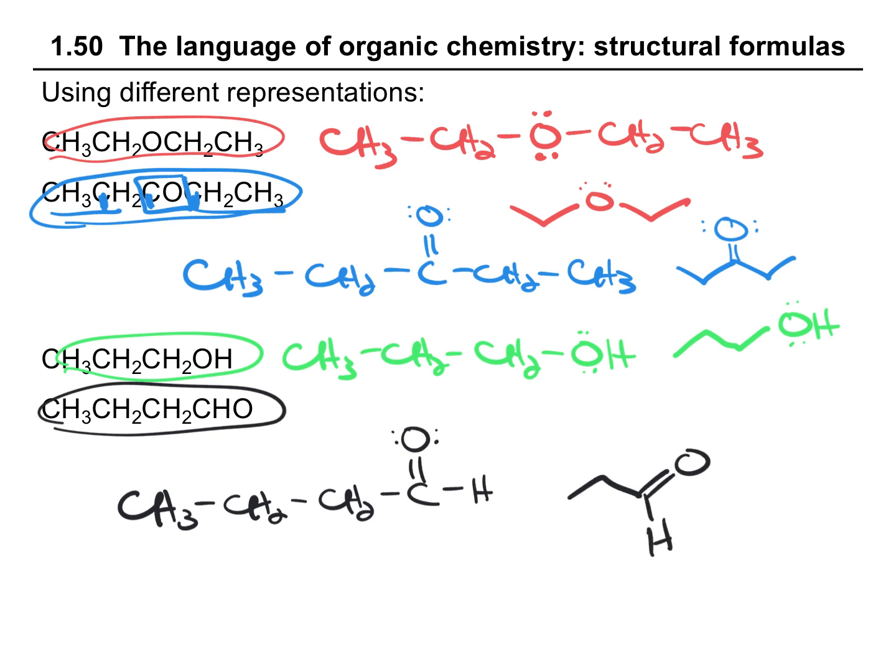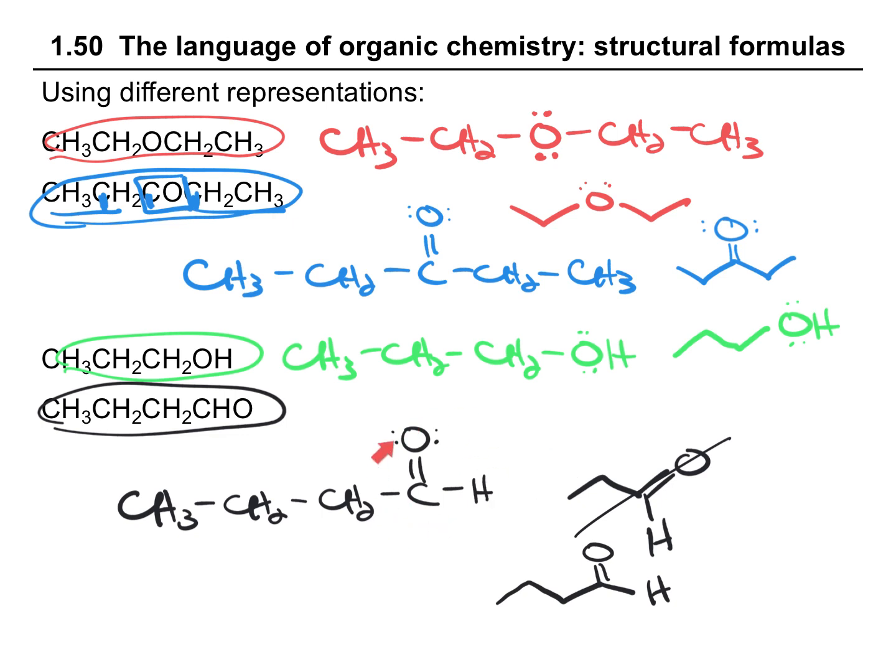But wait a minute, let's double check, because this says I have 1, 2, 3 carbons, but I actually have 1, 2, 3, 4 carbons. So I stopped my zigzags too soon. We have the CH3, CH2, CH2, C, double bond O, and we do draw the aldehyde hydrogen.